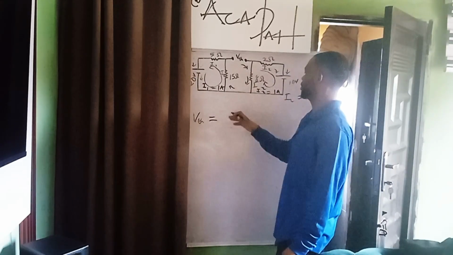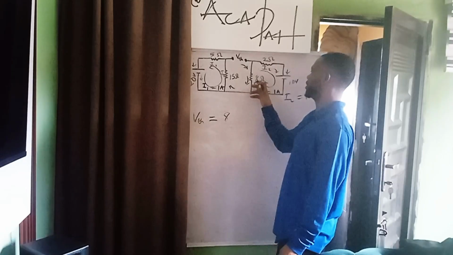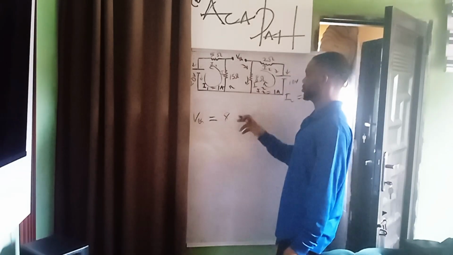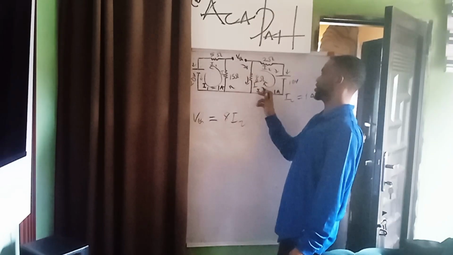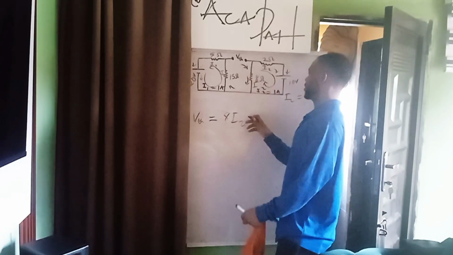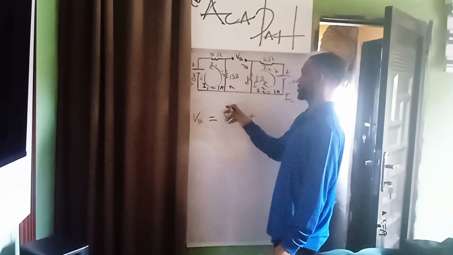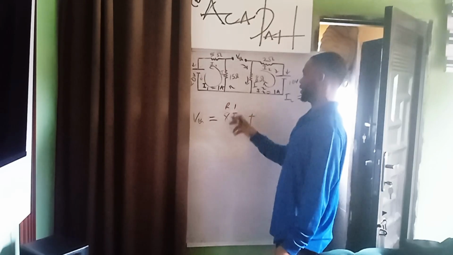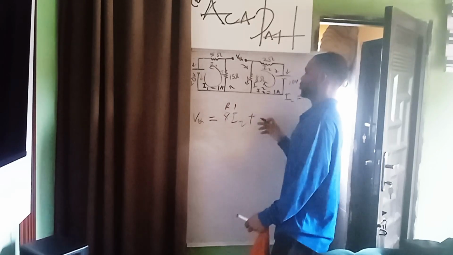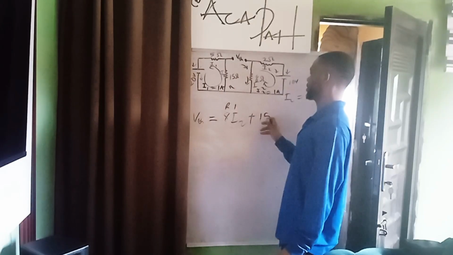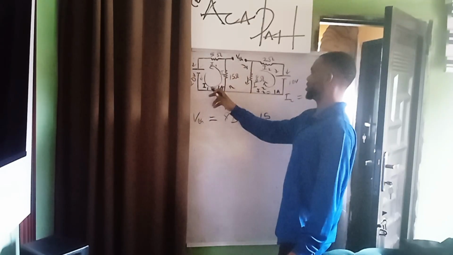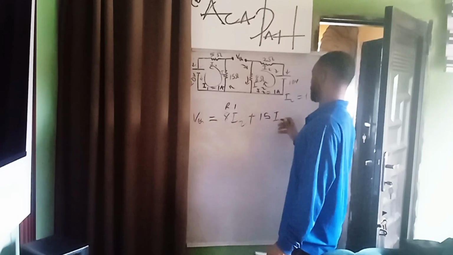So this is going to be 8 here, and the 8 is connected to I2. The current that this 8 ohm resistor is experiencing is 8I2. So then plus IR: this 15 is coming here, and the current it will be experiencing is I1.